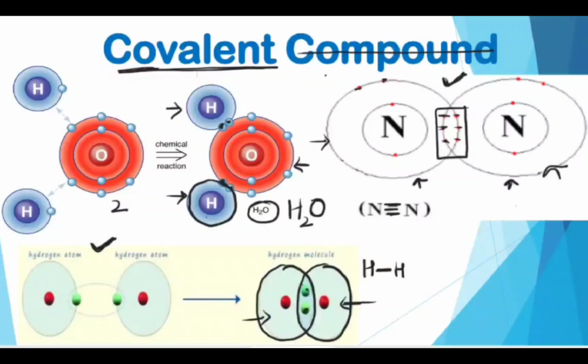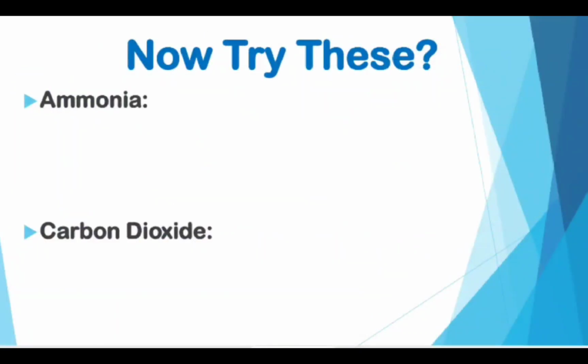Let's try a few more covalent bonds. Ammonia. The chemical formula of ammonia is NH3. That means nitrogen bonds with 3 hydrogen atoms. Here we have a nitrogen atom. It has 1, 2, 3, 4 and 5 in its outermost shell.